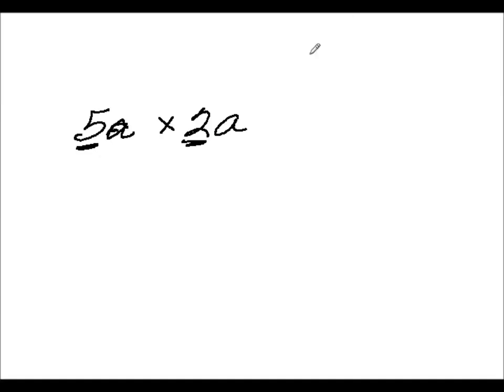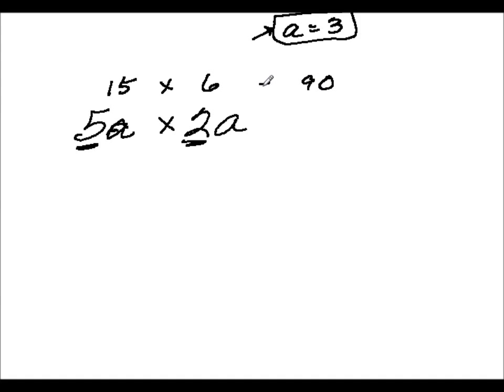So let's make up a mystery number value. Just say a could be 3. Then this term would really stand for 15, and this would stand for 6, which would mean that 6 times 15 is 90.